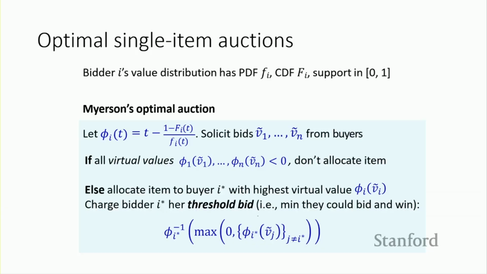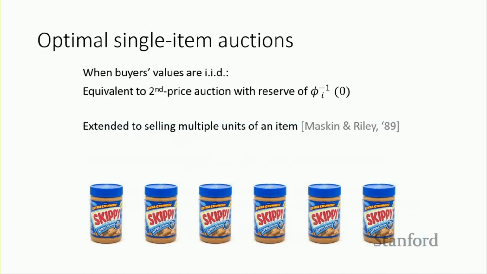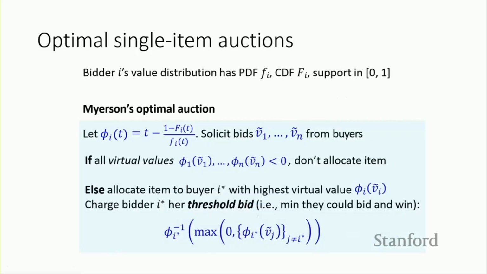Okay, so in a simple setting where buyers' values are IID, so they have the same distribution, it turns out that you can convert this into a standard second price auction with a reserve price of phi inverse of 0. You can kind of see this, because the virtual values will all be offsets of each other, and the actual price being paid will look like this inverse function of the maximum with 0.